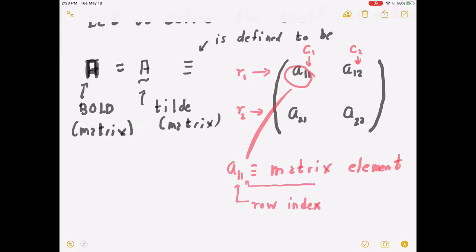And the second subscript is the column index. It tells you which column this matrix element lies in. So for example, this thing here that I've circled in red, A sub 2,2, is a matrix element that lies in the second row and the second column. A12 lies in the first row, second column. The matrix element A sub 2,1 lies in the second row, first column.